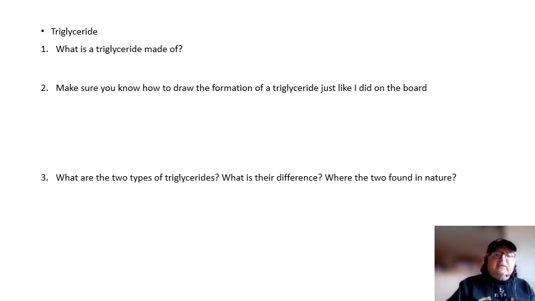All right. Now let's talk about one of the types of molecules that can be made from a fatty acid, and that's called a triglyceride. A triglyceride has two parts to it. It has a glycerol, which you'll just have to memorize, since it was on the last test too. And it also has three fatty acids coming off of it.